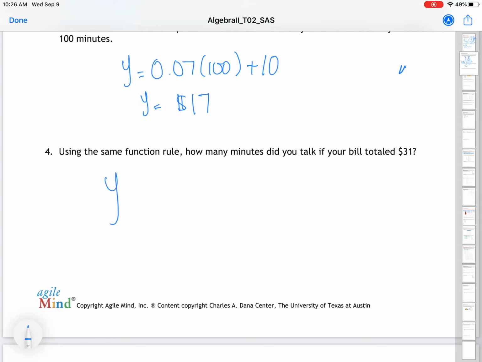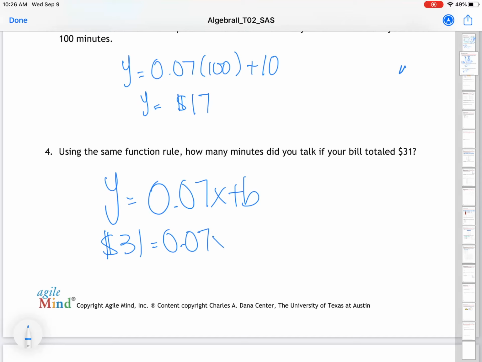Next, instead of giving our minutes, we're given our total, and we're using the same function rule. But our total is $31. So I'm going to subtract 10 from both sides, and then divide by 7 cents on both sides.